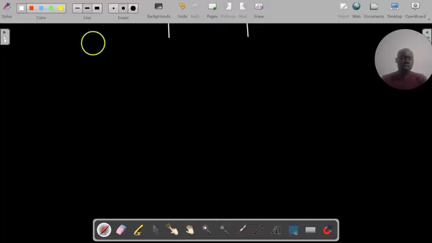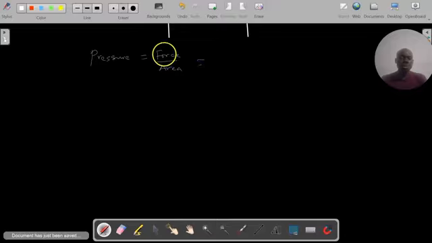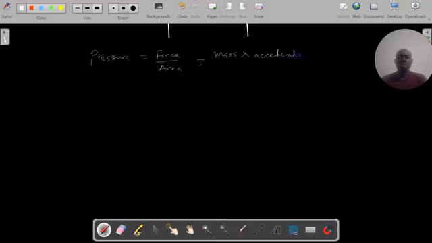So for example, if I look at pressure, pressure is force divided by area. That's the formula. To get the basic unit of pressure, I will first write the formula of each quantity: mass times acceleration divided by length times length.